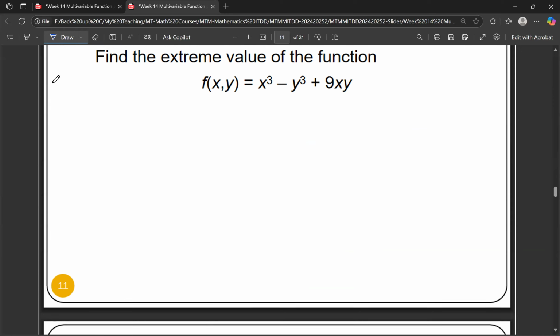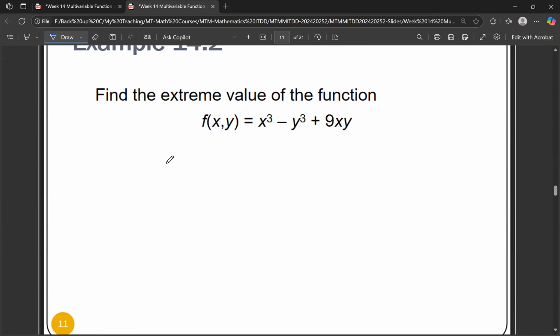Okay, so to find the extreme value of the function, as we did before, the critical points are (0, 0) and (3, 3). Next, we test the function with the second derivatives.